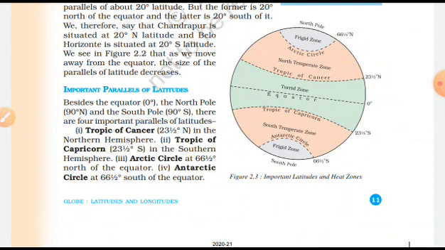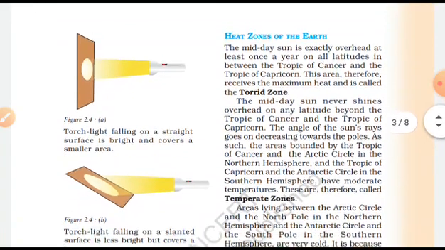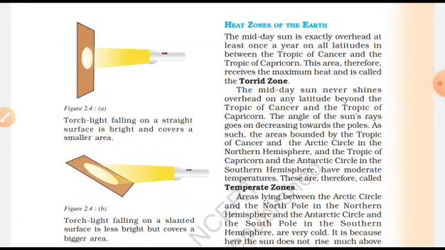Okay, and the same in the South Pole, which is the Antarctic Circle, 66.5 south of the equator. So this map of the latitudes and the heat zones, and now you can see the concept of the heat zones of the earth.